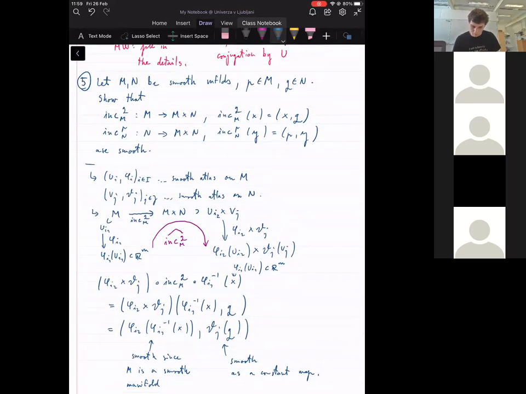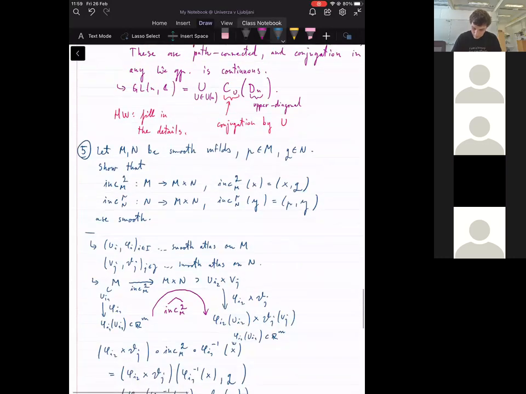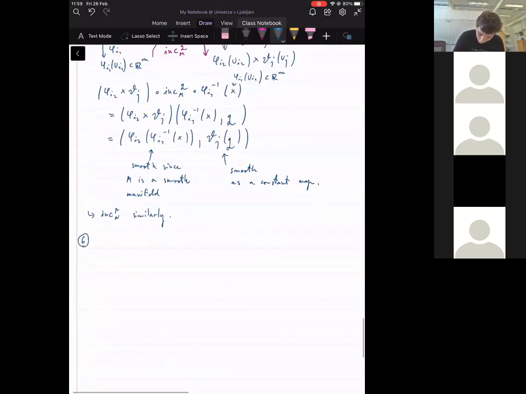So I see that we've come to an end of our exercise sessions. So maybe one thing, I'm just going to write the instructions of the next exercise, and it is to show that the inclusion of S^n into R^(n+1) is smooth.